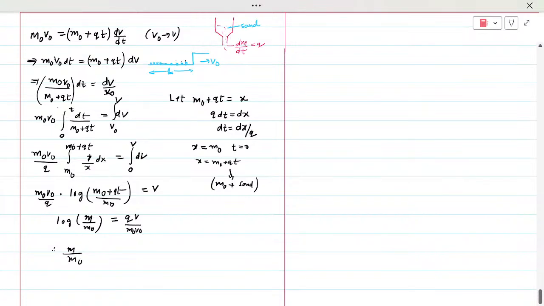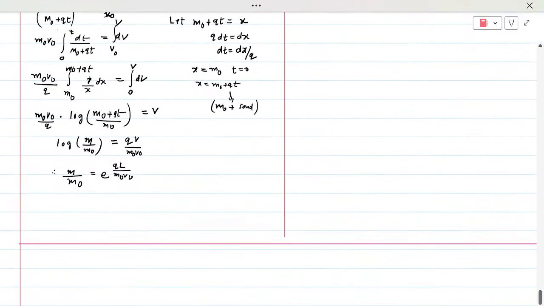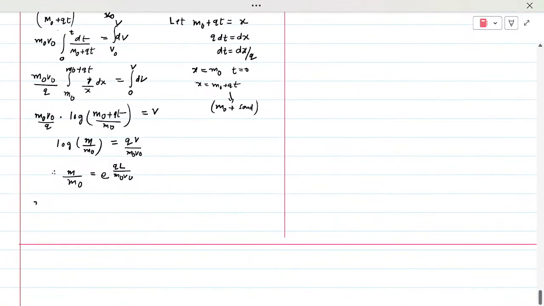So m by m naught is equal to log, I am removing, therefore e power q into v at the instant of the velocity, the time taken is this t. In this time t, the velocity will become L by m v naught, m naught v naught. Therefore m is equal to here. Therefore finally the mass of the cart is equal to m naught into e power q into L by m naught v naught.